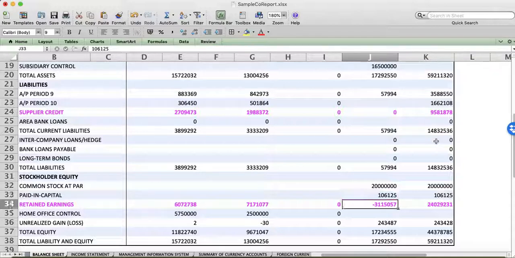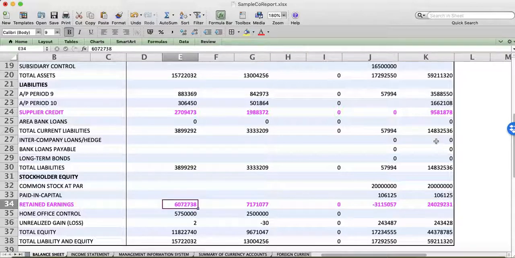Then we have a consolidated view of retained earnings. This is the sum, again algebraic sum, of the positive and negative retained earnings. This figure, for instance, over 24 million, is of utmost importance for shareholders because that's what your company has created in terms of value since the beginning of the simulation.